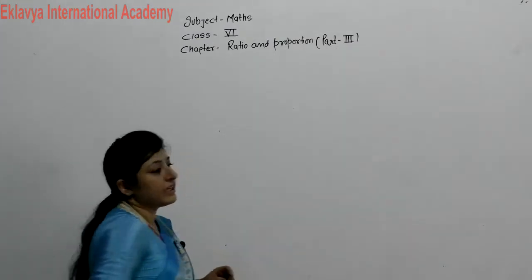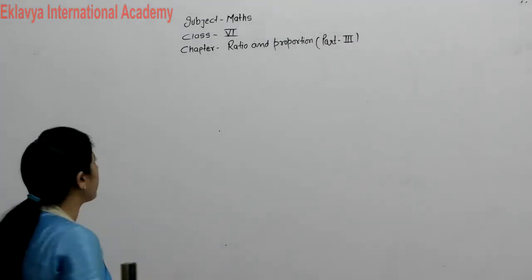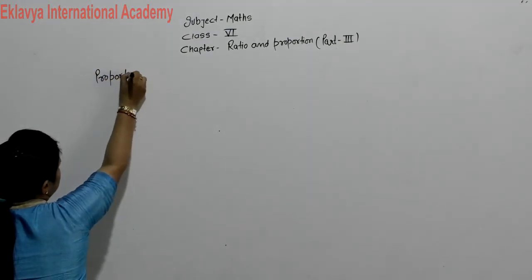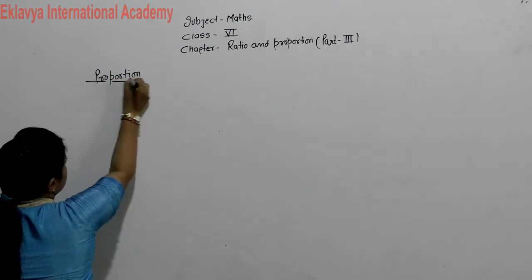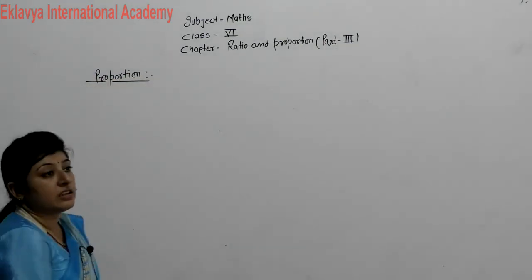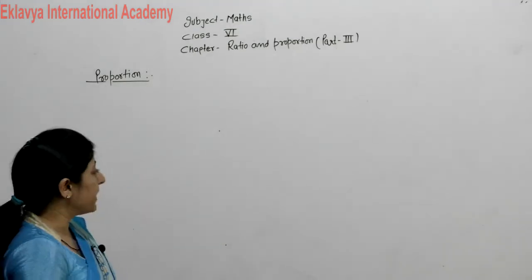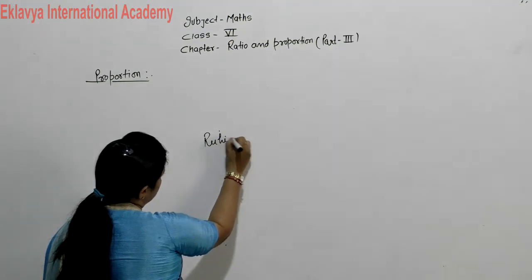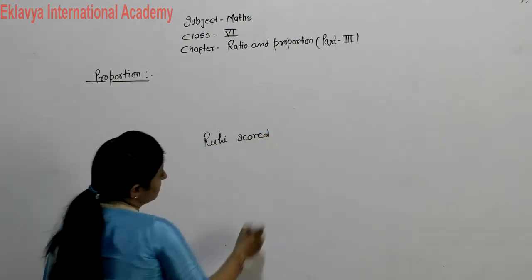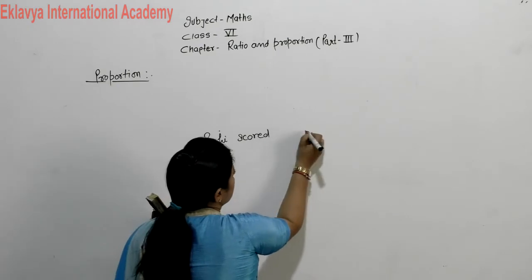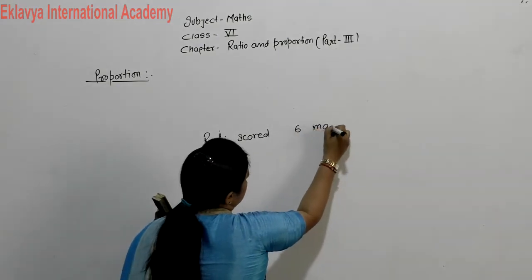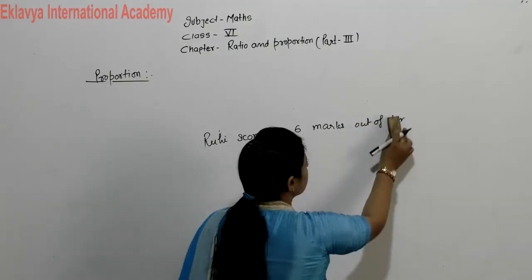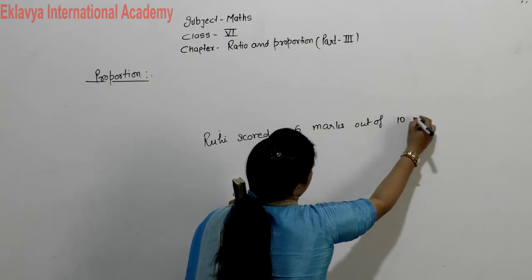Now today we will discuss a new topic, proportion. We take an example. Ruhi scored 6 marks out of 10 in English.